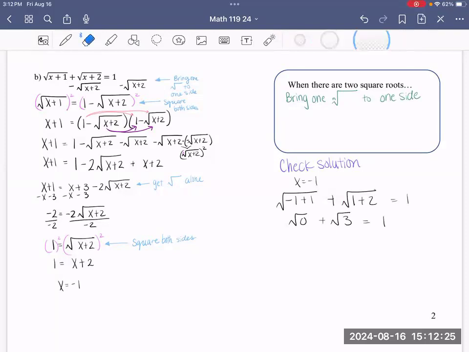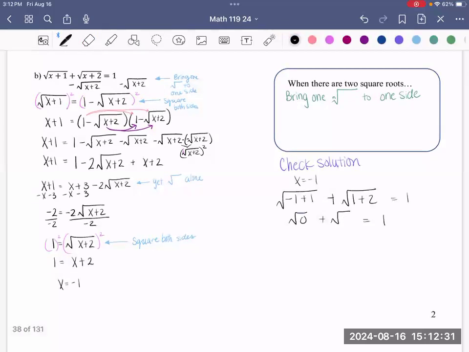Oh, so sorry, that one should have been a negative. That's a negative. There you go, 1. So the square root of 0 is 0, and the square root of 1 is 1. So you have 1 is equal to 1, which is a true statement. So this is a real solution. So that one works for us.